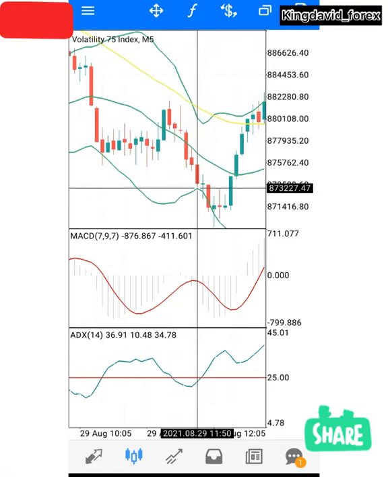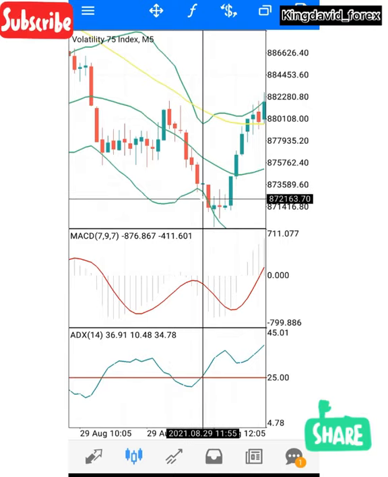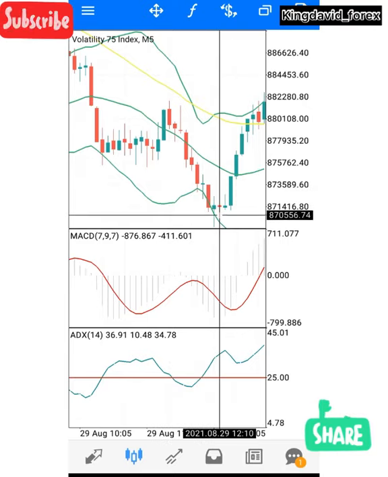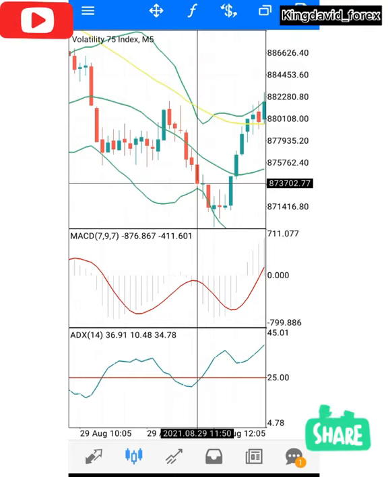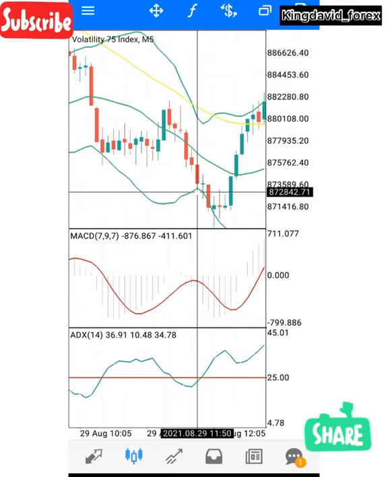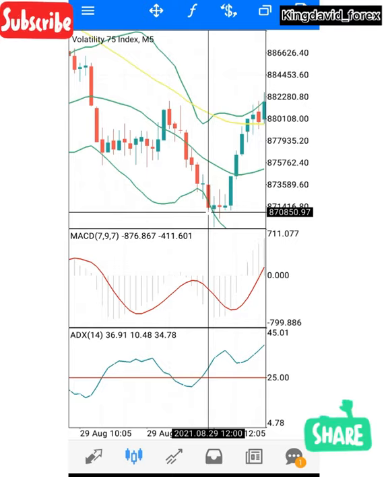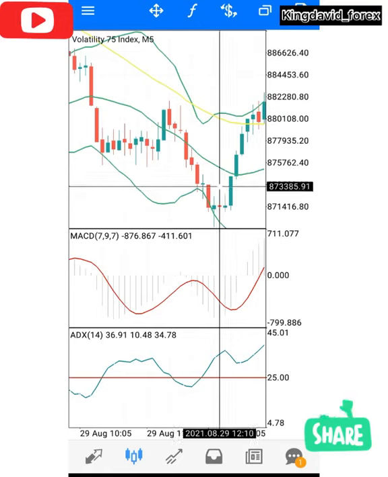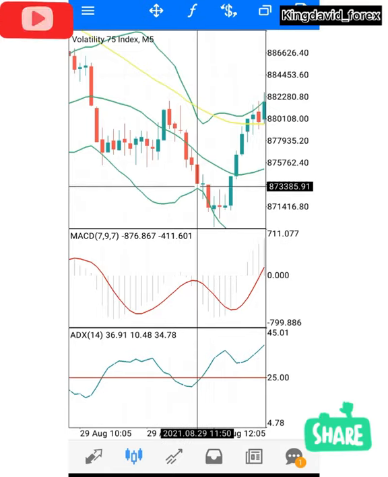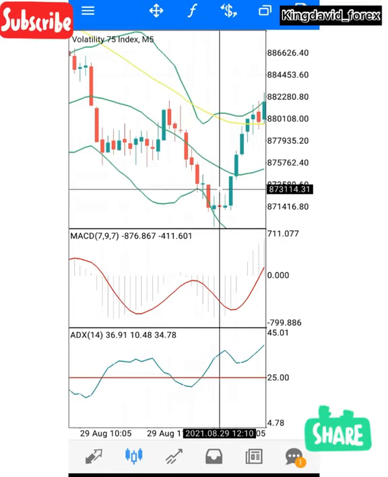So after a very long sell, let's say you lock your profit from here, you put your stop loss here. Then when the market starts going up, it will definitely close the trade for you here, and you won't lose your entire profit.